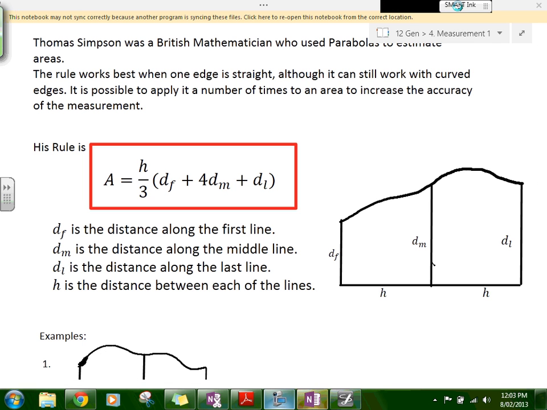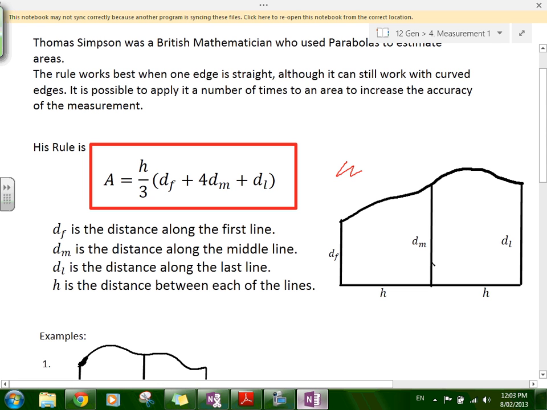What it's doing is fitting the closest parabola to this area. We don't really need to worry. It's fitting a parabola curve to each section to estimate it, and then the area under that parabola is estimated. Any other questions?